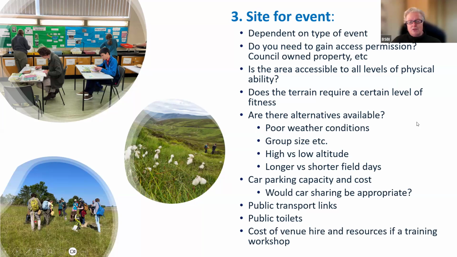Is the terrain going to require a certain level of fitness, or are you going to be mostly on fairly level ground and not particularly strenuous? Are there any alternatives available? For example, if there was poor weather conditions, or if the group size was larger than anticipated, or indeed smaller.